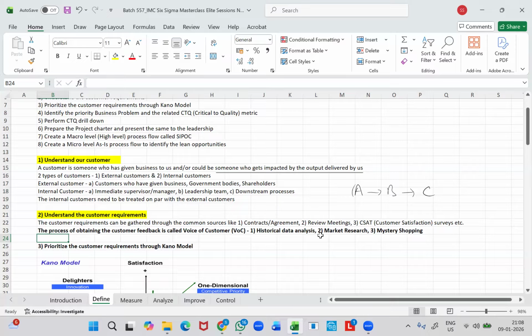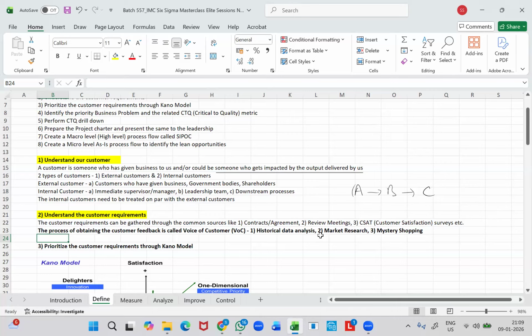The last 1 year or so would help us to understand where we stand with respect to the customer's expectation. So if you are falling short of the customer expectation, then we can understand that the customers may not be happy with our performance, even though the customer may not have explicitly informed you about their displeasure.